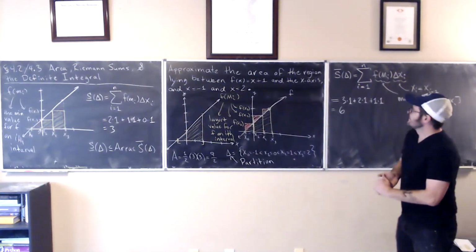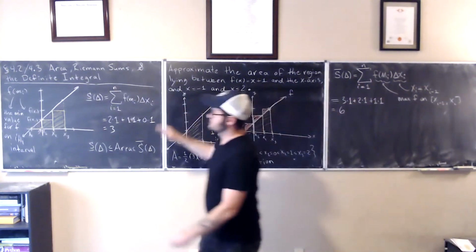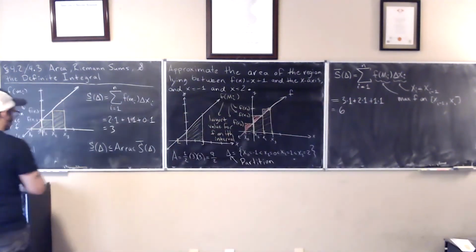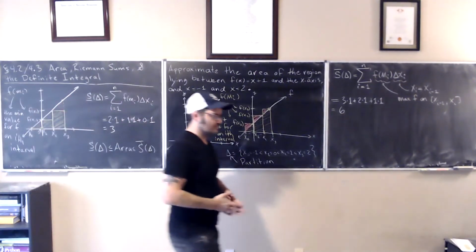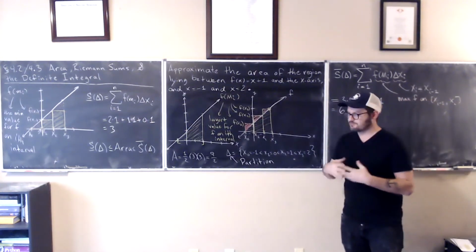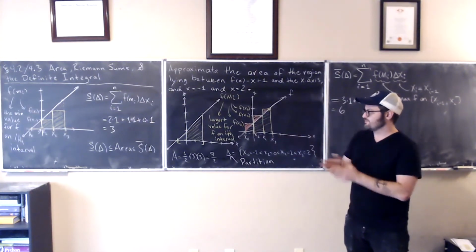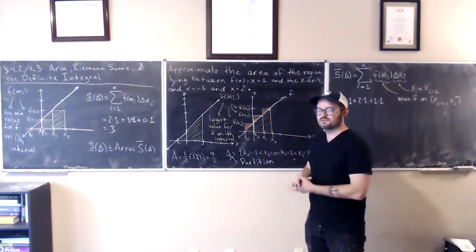In fact, maybe we can come up with a formula for both the upper sum and the lower sum for this function in terms of the number of intervals, right? How we can refine our partition to more and more pieces, which gives us more intervals, which gives us more rectangles.